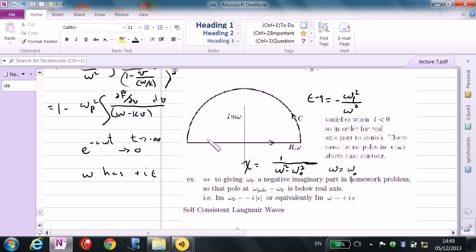And that's just equivalent to taking this contour and leaving the pole at 0 and just going slightly above the real axis.